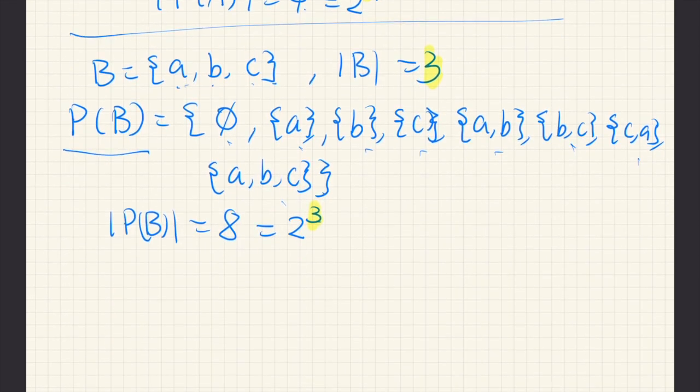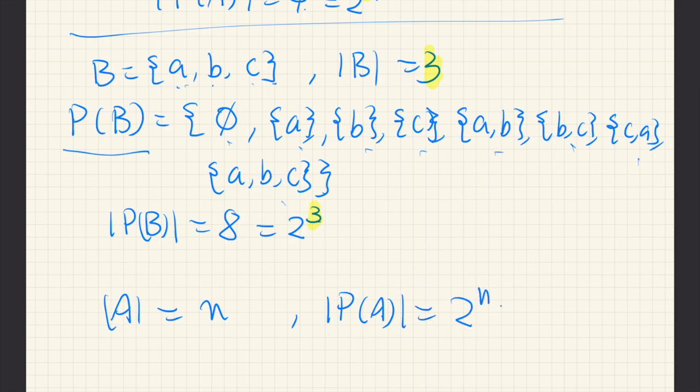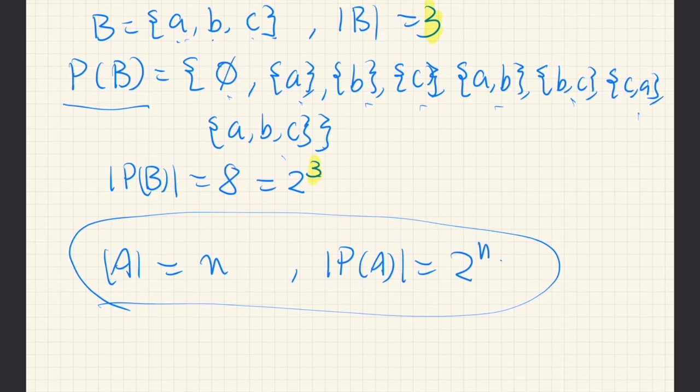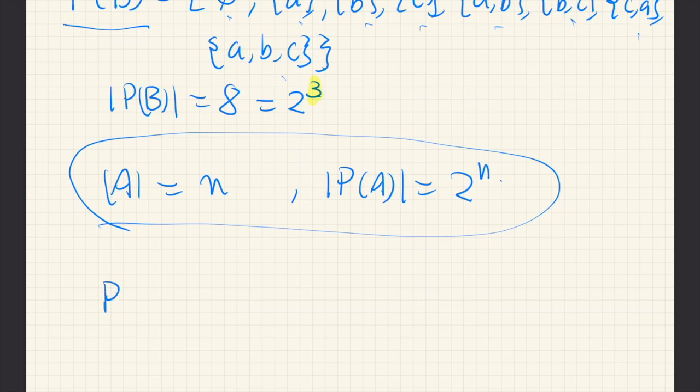In general, if the cardinality of A is n, then the cardinality of its power set is 2 to the power of n. You should make sense of why this happens. This is an exercise. And another exercise: what is the power set of the empty set?